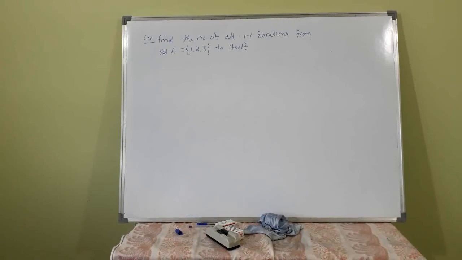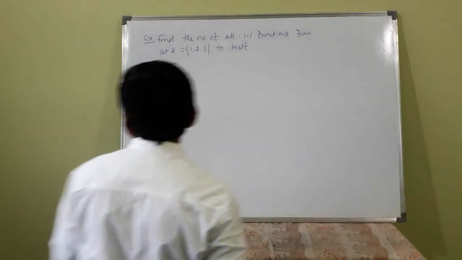Find the number of one-to-one functions from the set A = {1, 2, 3} to itself.